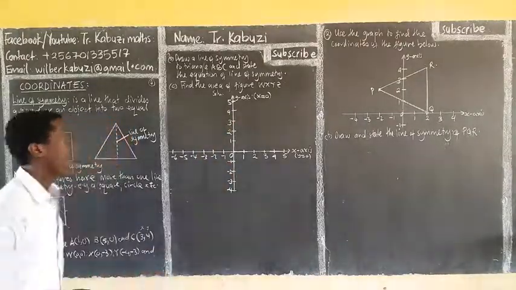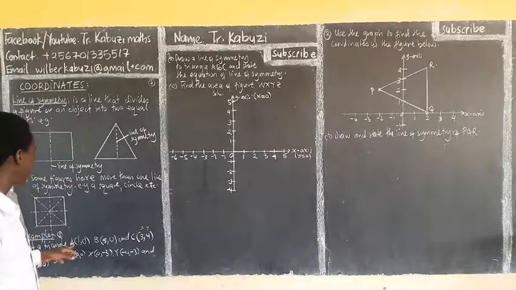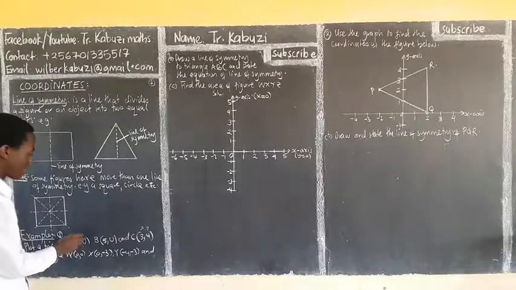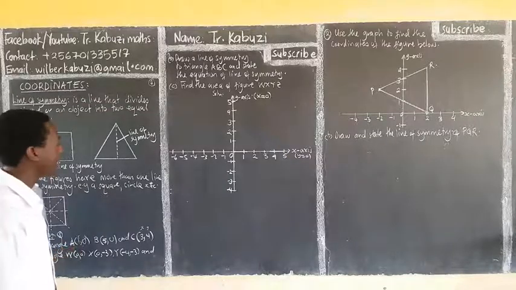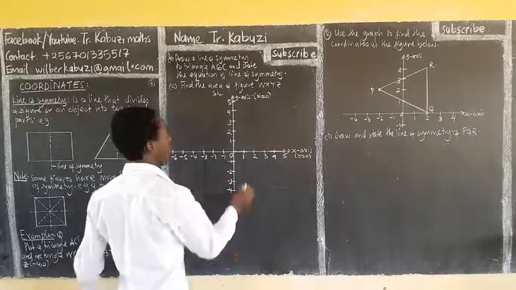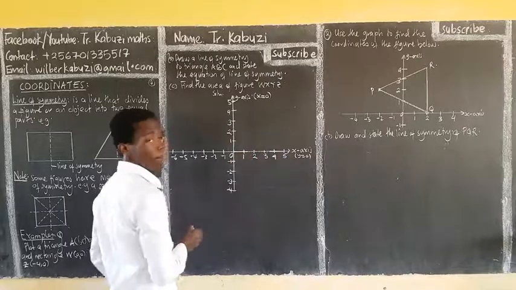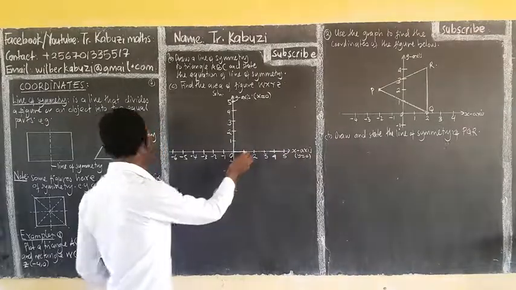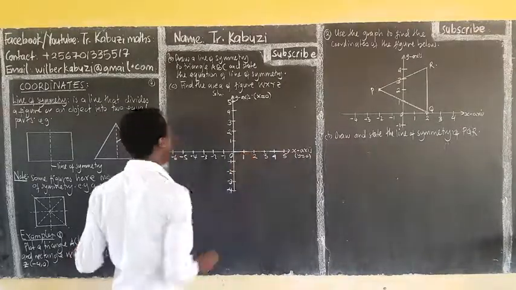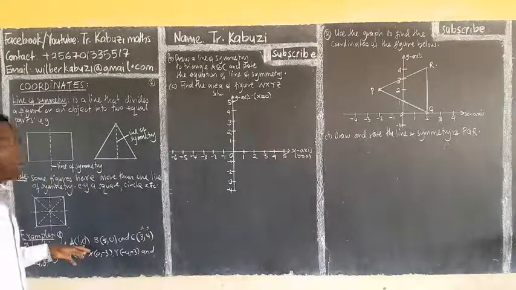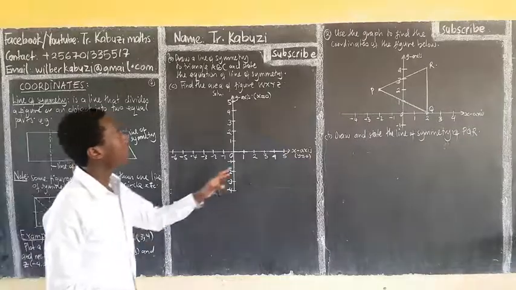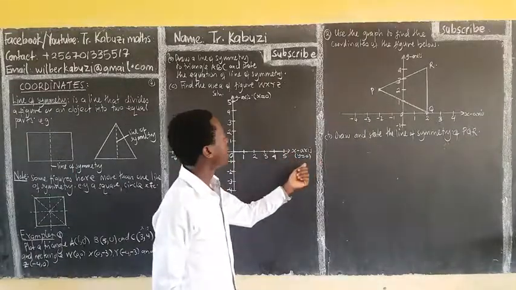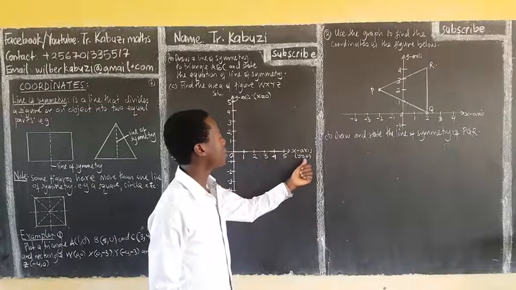Now let us see how it works. If I come to A, this is going to be our x and this is going to be our y. So for A, x is 1, so this is our 1 on the x, positive. Then the 0 means that I'm not moving in the y direction, either up or down. Sometimes we call the x-axis the line y equals 0.